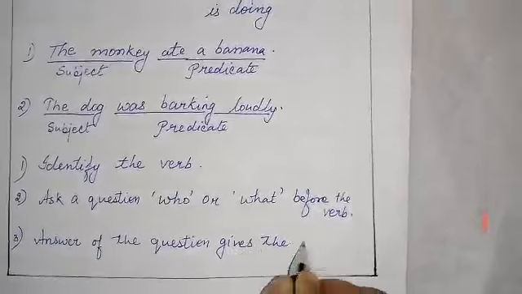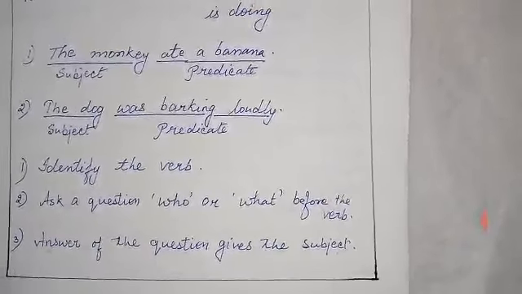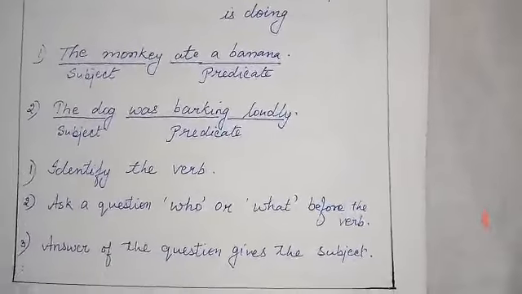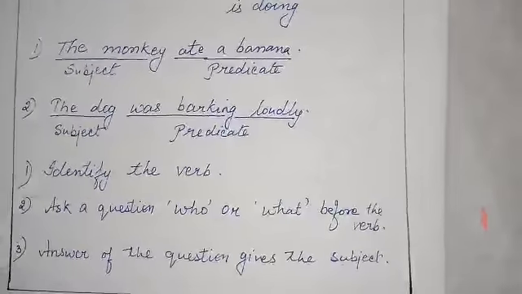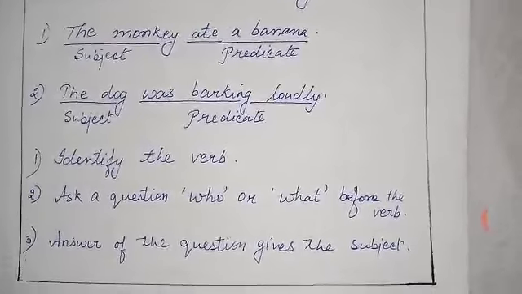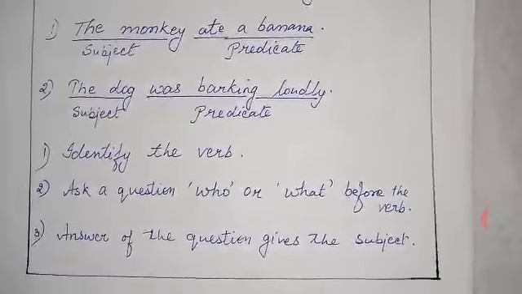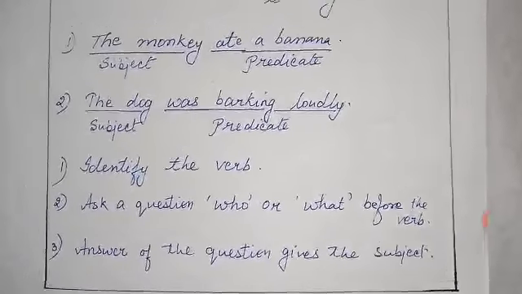And the remaining part as well as the verb is our predicate. So it's as simple. If you are able to identify the verb, you can easily identify what is the subject and which one is the predicate. Let us see a few examples now. We will understand which one is subject and predicate.